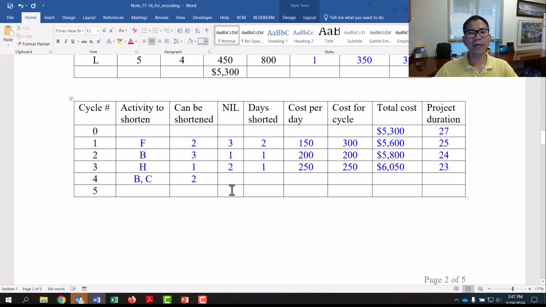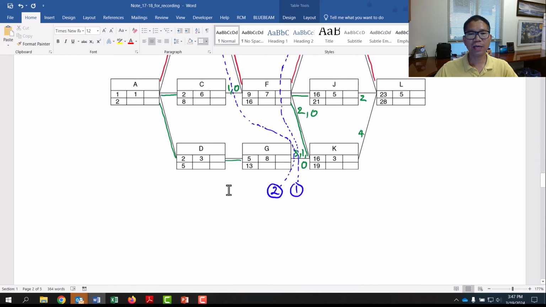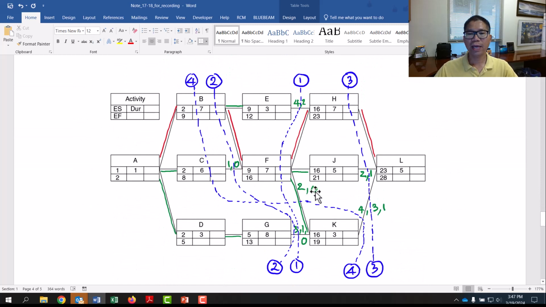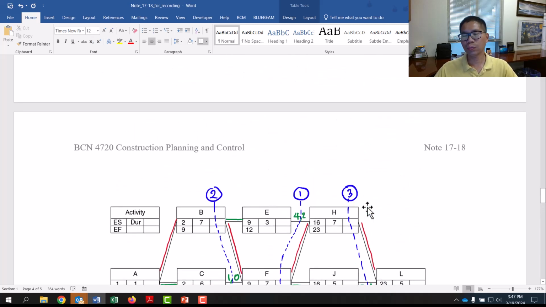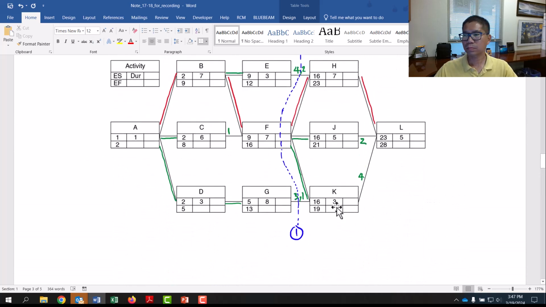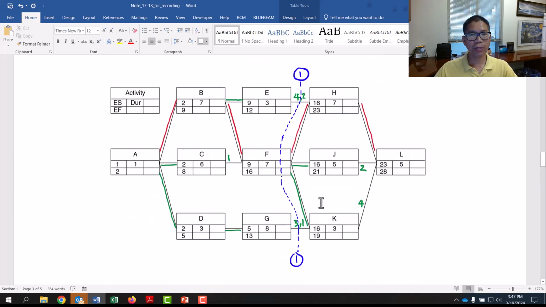Network interaction limit. If I go through cycle number 4, I go through here, and the interaction is 2 here, and 3, so it will be 2. It will be 2.